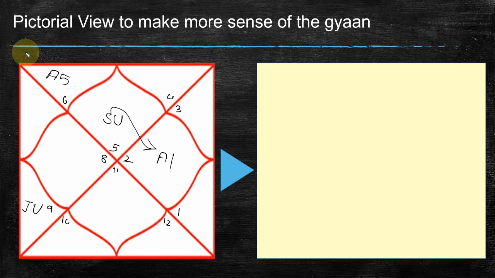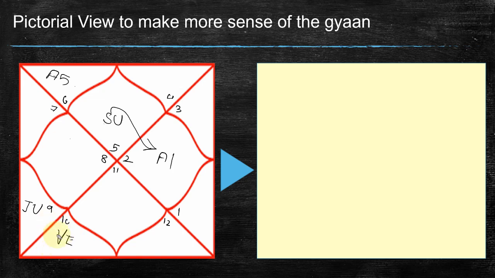Now let me explain the second rule. Just assume that Venus is here. In this case, this is the second exception: if the lord of the house is 4 houses away from the original house. Here it is Libra, its lord Venus is 1, 2, 3, 4, 4 houses away from the original house.